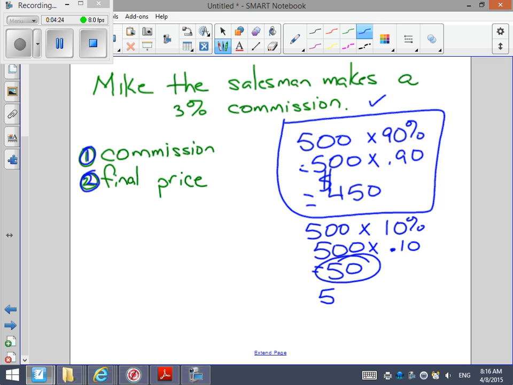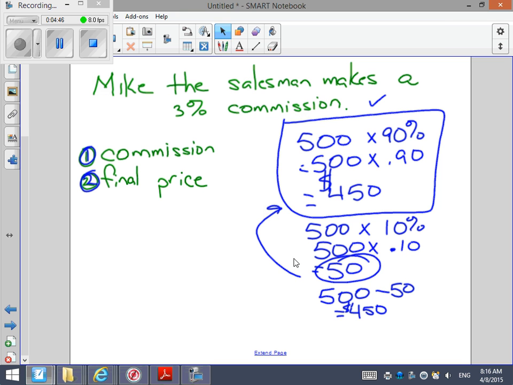We would have to go back to the $500, subtract 50, and we would get 450. It is the same number that we got above, just with a few extra steps. You have to choose which way you are comfortable with. You have to know that this is the way you want to go, and you have to understand it. Both of them are absolutely right.